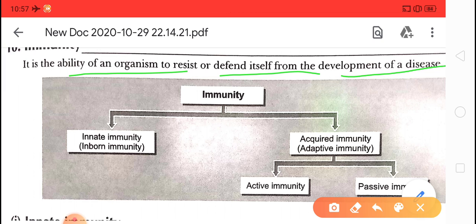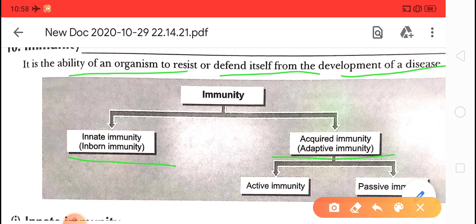Immunity is of two types: innate immunity and acquired immunity. Innate means by birth. When children are born, it is there from birth. It includes certain types of barriers like skin, mucous membrane, tears, sweat, saliva, and acid present in the stomach.